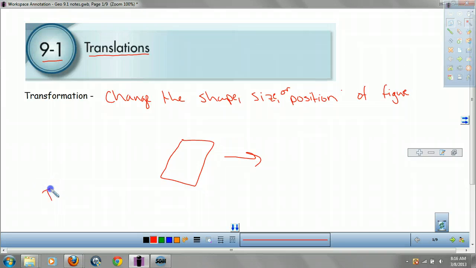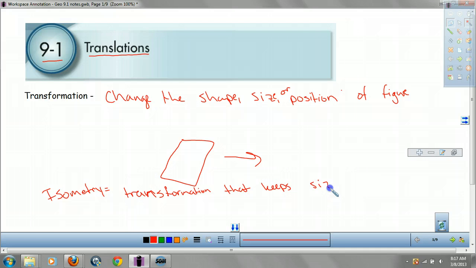An isometry is a transformation where your image and pre-image keep size and shape the same, but change position.